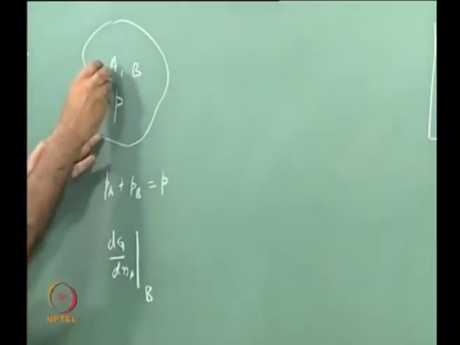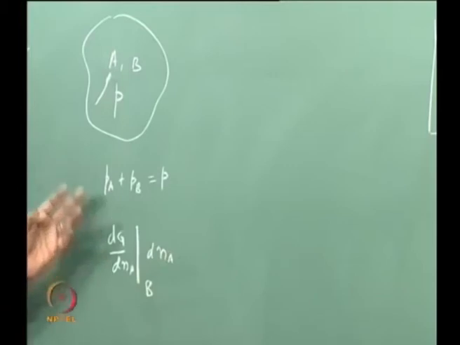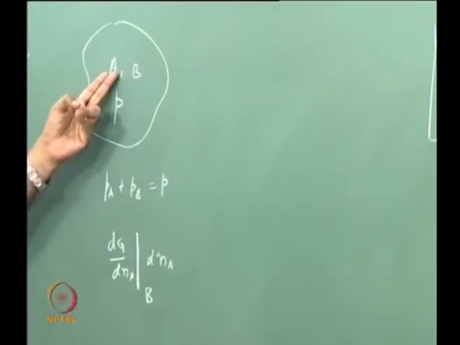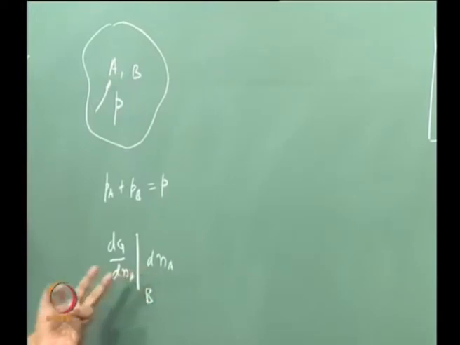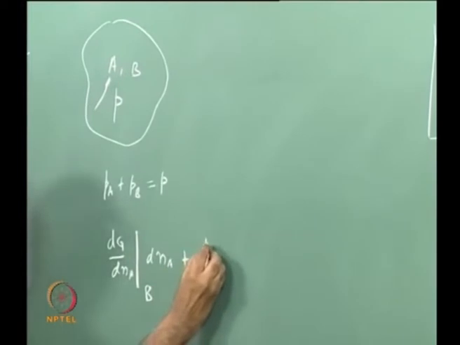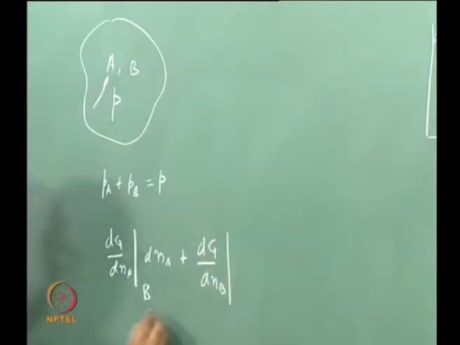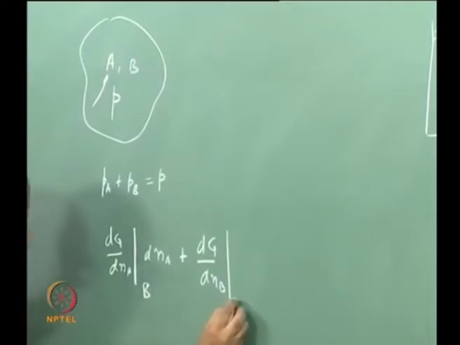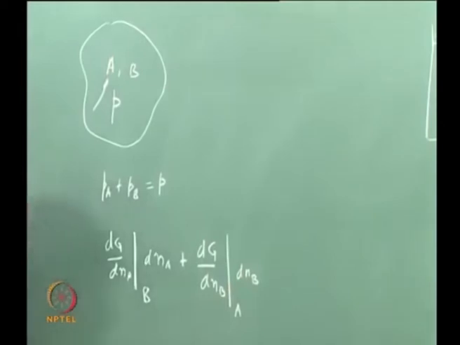I put dNA moles, and therefore the change in Gibbs free energy when I add dNA moles of A keeping B constant, I can write it this way, and similarly I put some moles of B in this, I can write dG by dNB keeping A constant into dNB over here.